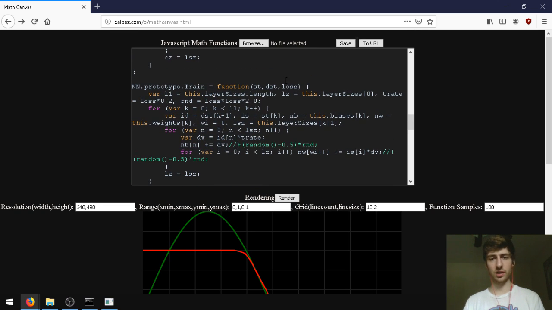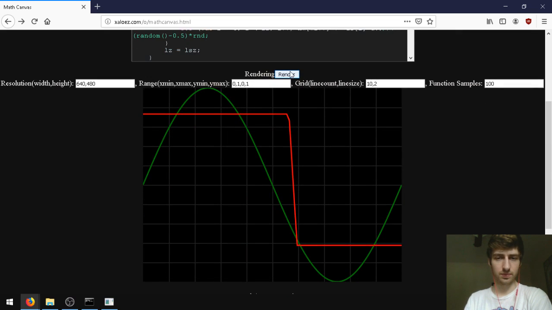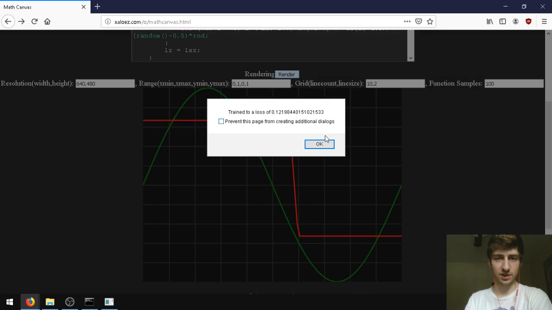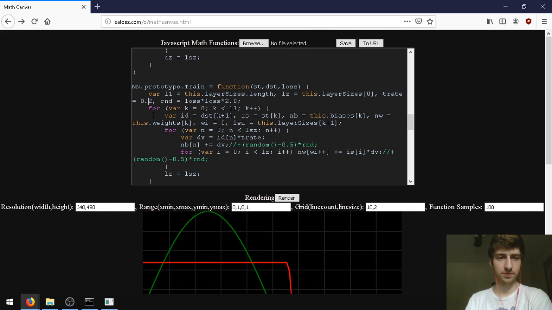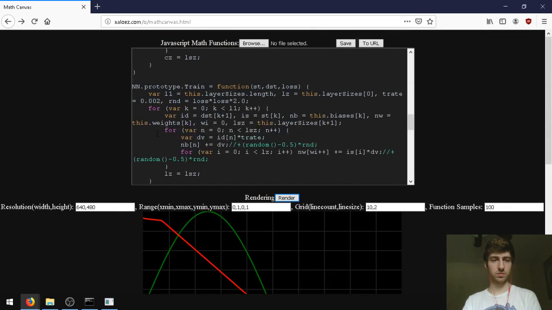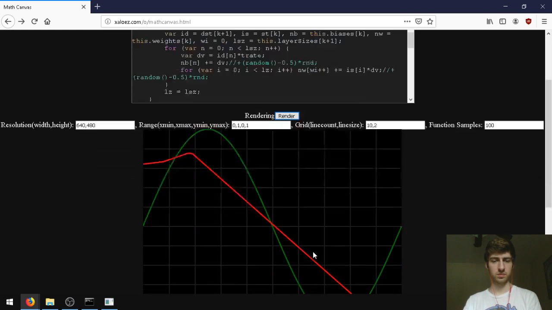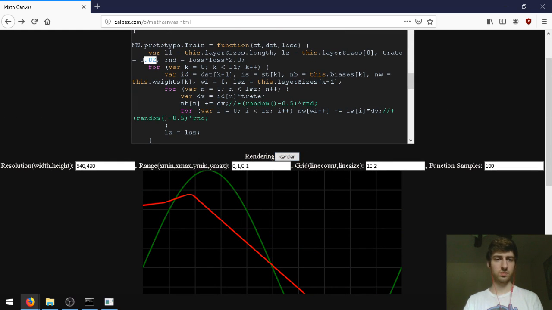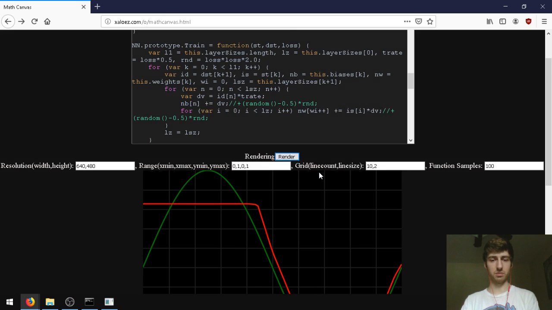So the training rate I'm using right now is multiplying by the loss, so the training rate scales down over time. So let me try some other training rates. Maybe a bigger training rate.